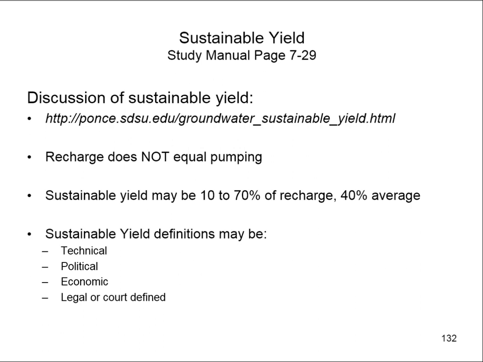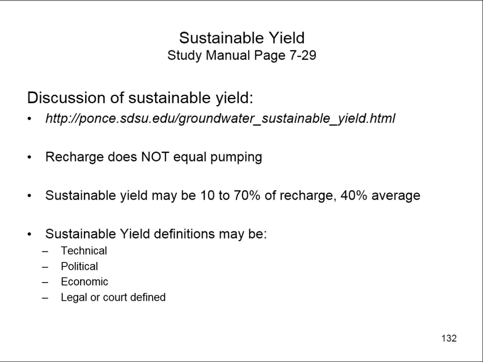There's a net value. And we might put in a lot of water, but it might all leave our groundwater basin. So the recharge rate does not equal pumping. It's some percentage of our recharge is our sustainable yield, 40% on average.